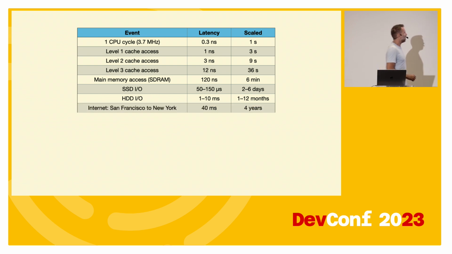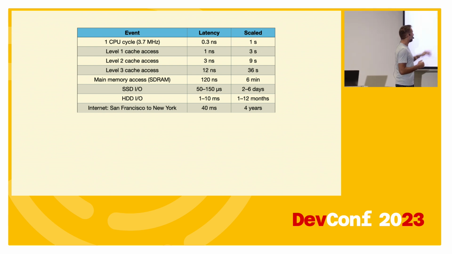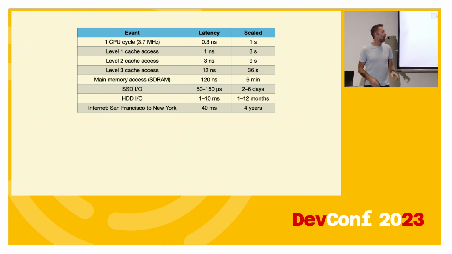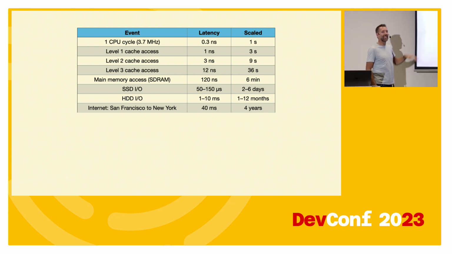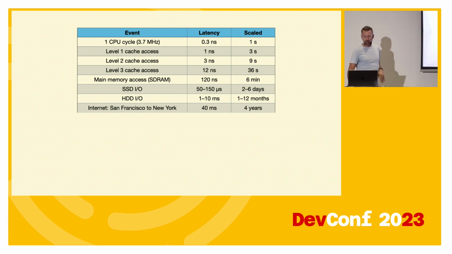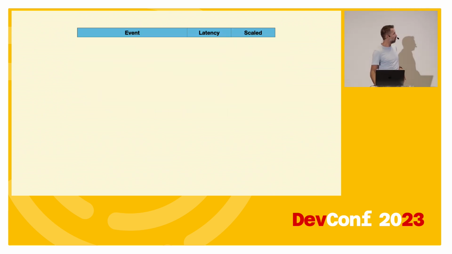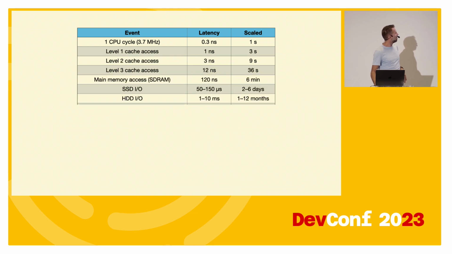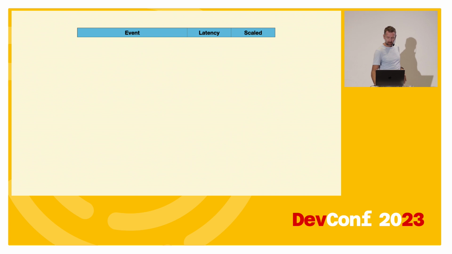Now, if we go over the network, this is within the same continent, 40 milliseconds is damn fast, right? You wait 40 milliseconds for a web response, that's really quick. But relatively, we're in the order of years now. You want to go across continents? Oops, that's not what I wanted. If you want to go across continents, oh, where's that gone?